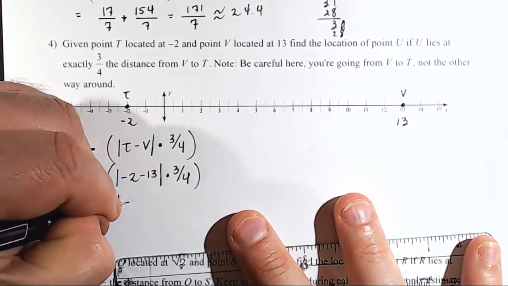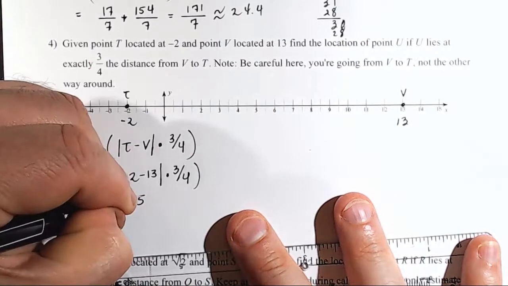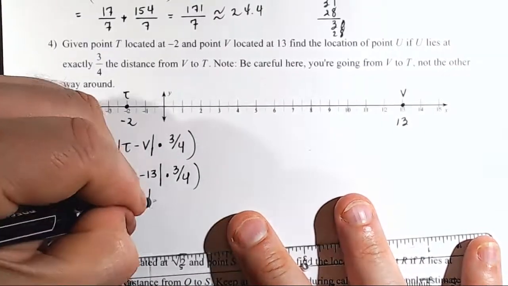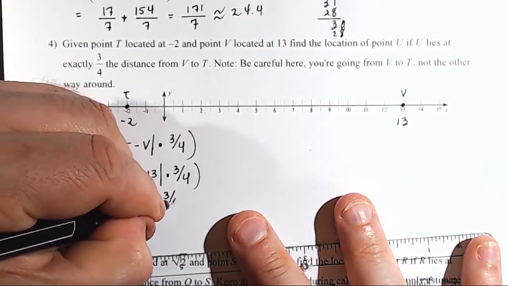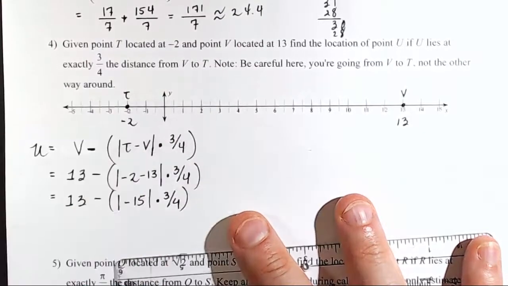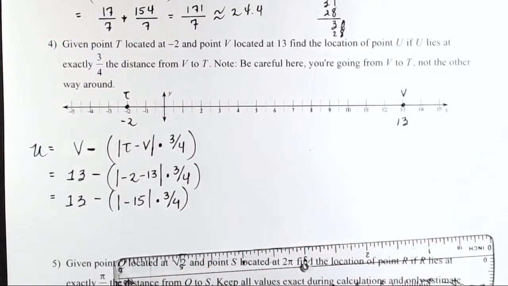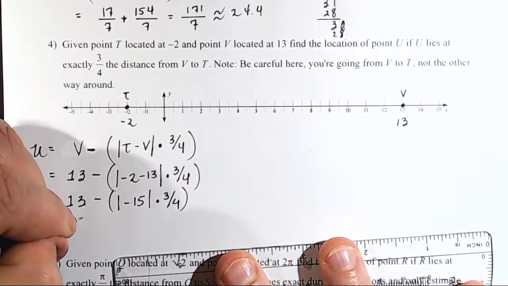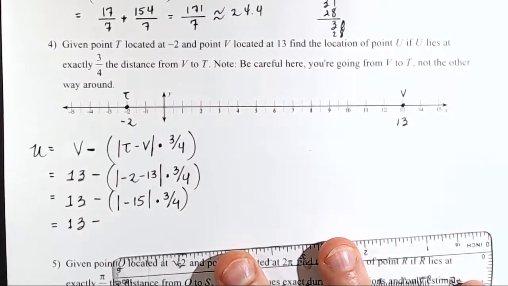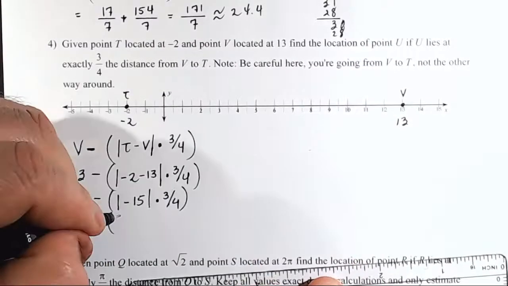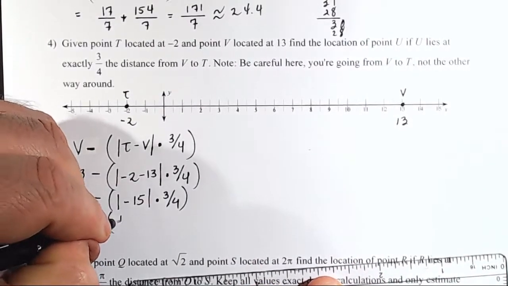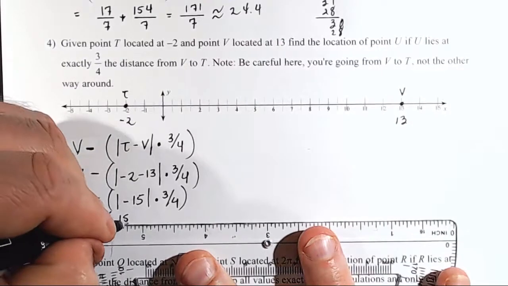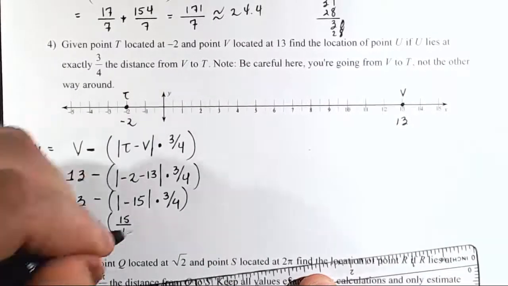Okay, so that would be the absolute value of -15 times 3/4. Okay, well, the absolute value of -15 is just 15. So one more step here, we're going to do 13 minus open parentheses. And now we're going to do here 15 over 1 times 3/4.